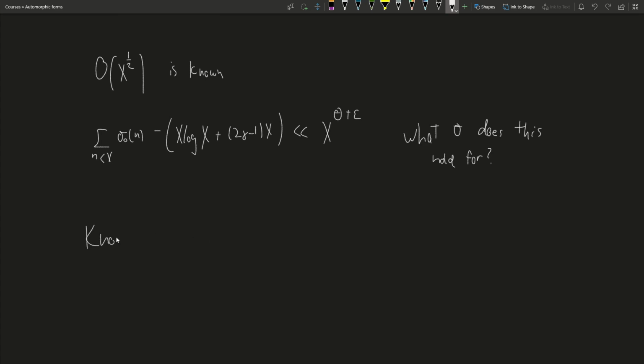I think there's a proof from about 100 years ago that the inf of theta, so the lowest theta you can take, is at least 1/4.